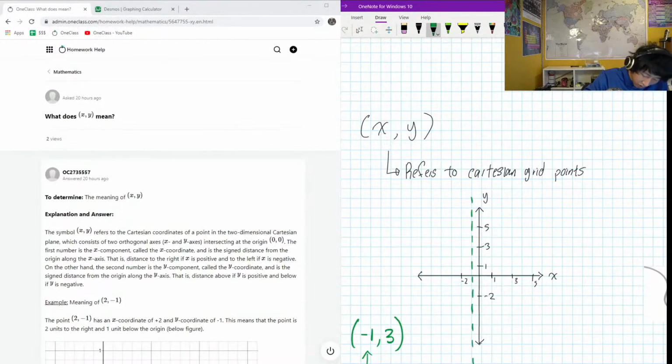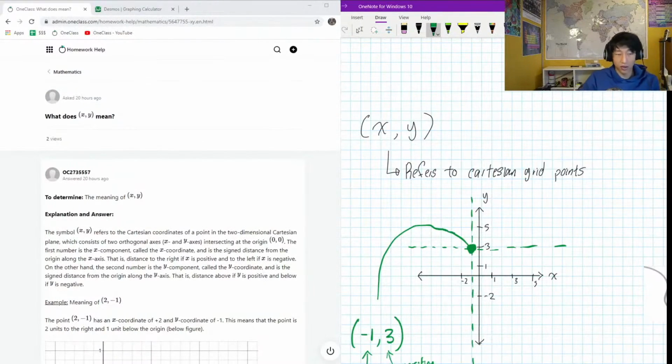So it's going to be somewhere along this green dotted line, and the y position is going to be +3. So we look for y equals 3, and we draw a line intersecting with that. Where these two lines intersect, this will be the point (-1, 3).